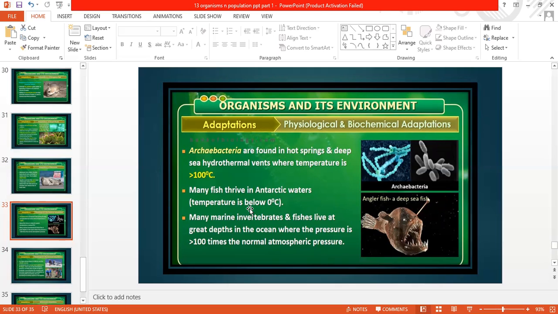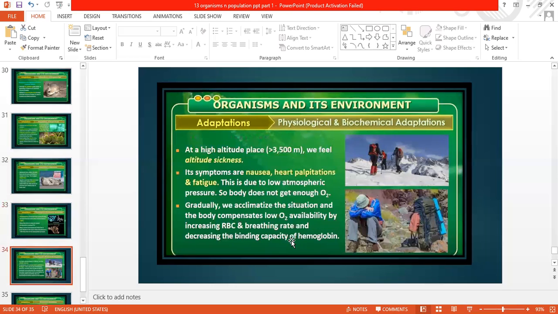Many marine invertebrates and fish live at a great depth in the ocean where the pressure is more than 100 times the normal atmospheric pressure. Then there are people living at high altitude, that is more than 3,500 meters high.